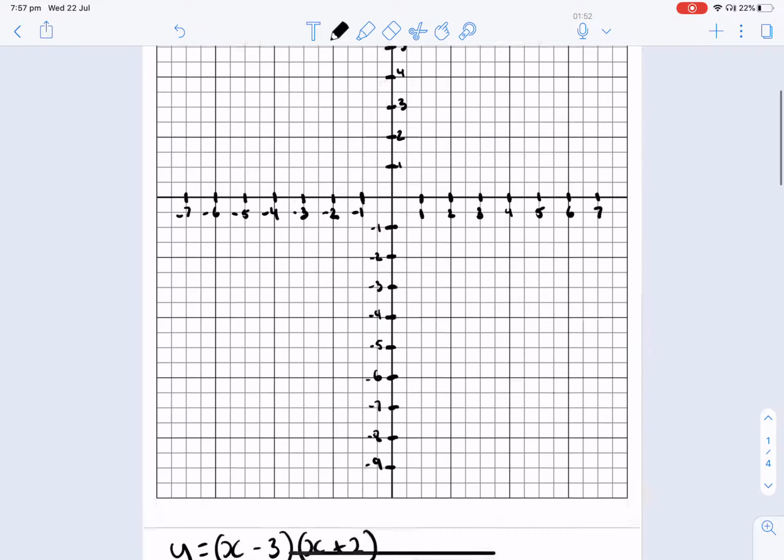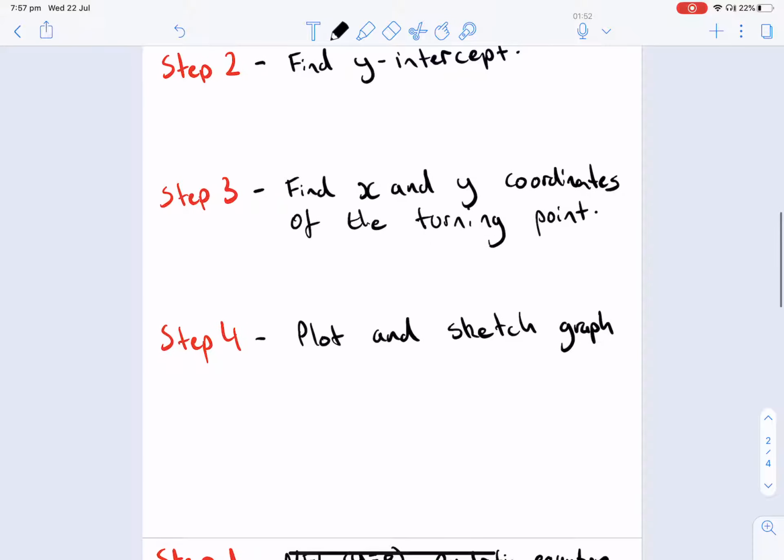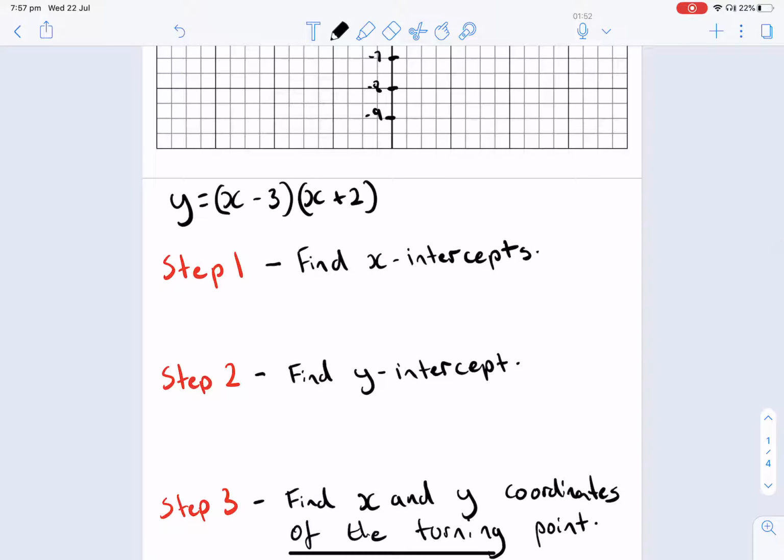Step 3 is to find the x and y coordinates of the turning point, and then we need to plot and sketch the graph.